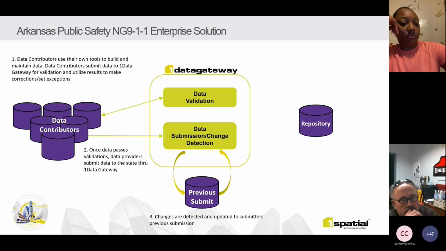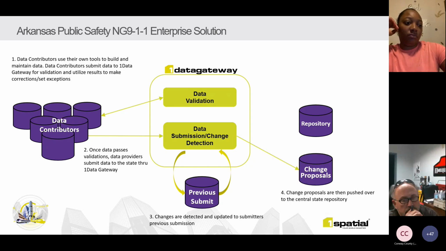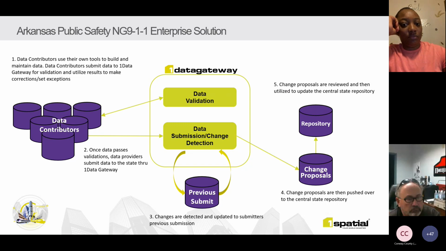Those changes are detected, and that is what is actually submitted as change proposals to the central data repository. So the change proposals are what is then pushed to the repository, which kind of minimizes how much data is actually being pushed to that central data repository. So that's used to update that system and applied to the Arkansas database.